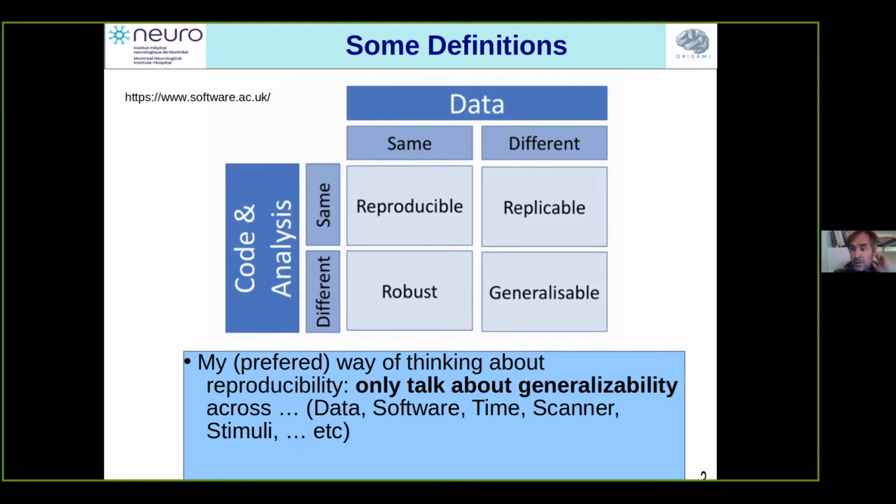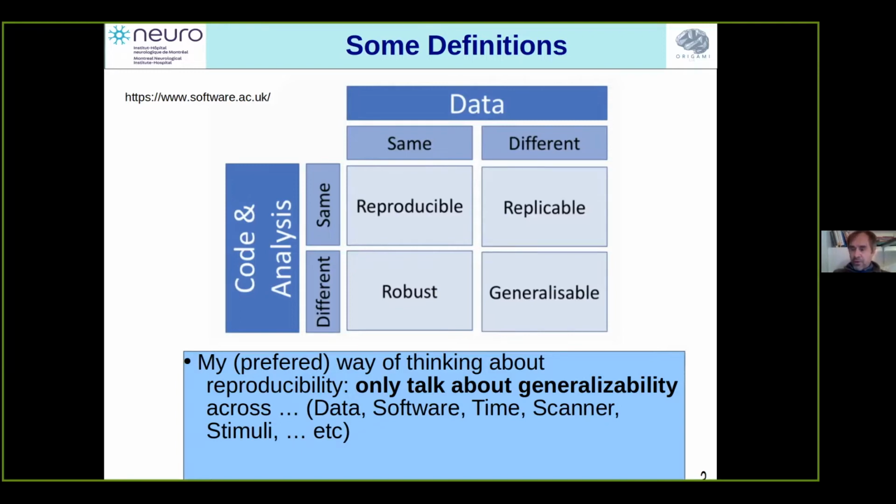However, I think the right way of thinking of reproducibility is really generalizability. In what dimension are our results generalizable? Can we take another similar data set, and are we likely to get the same results? Can we take a similar pipeline? Are we likely to get the same result? Can we do it in another country? Can we do it in one year's time?